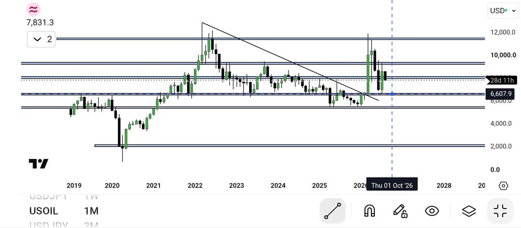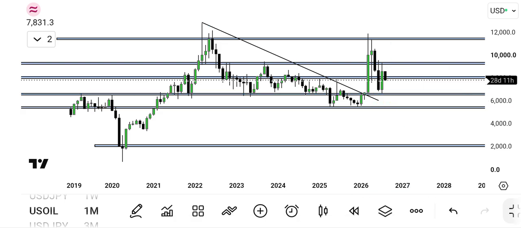So let's go from the monthly time frame to the weekly time frame. Looking at the monthly time frame, the market is currently bullish, but based on that candlestick and the double top the market has created, the market is mid-term bearish. I repeat, the market is mid-term bearish.